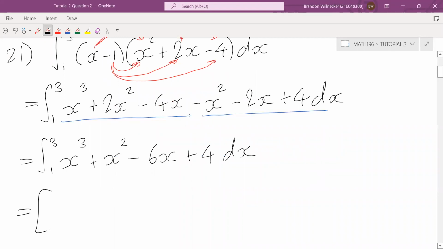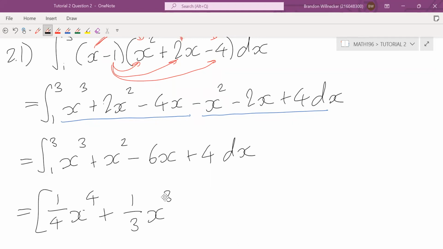So we do the antiderivative power rule for the first term. We add 1 to the exponent to make it 4, and then divide by 4. So this is going to be 1 over 4, x to the 4. For the next term, we add 1 to the exponent to make it 3, divide by 3, we get 1/3 x cubed.